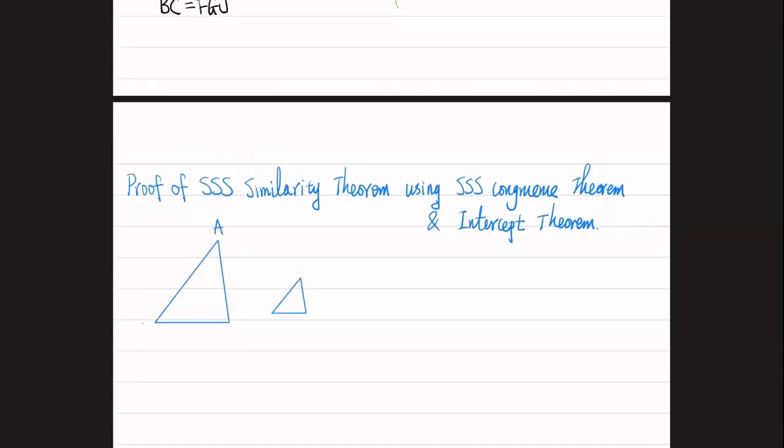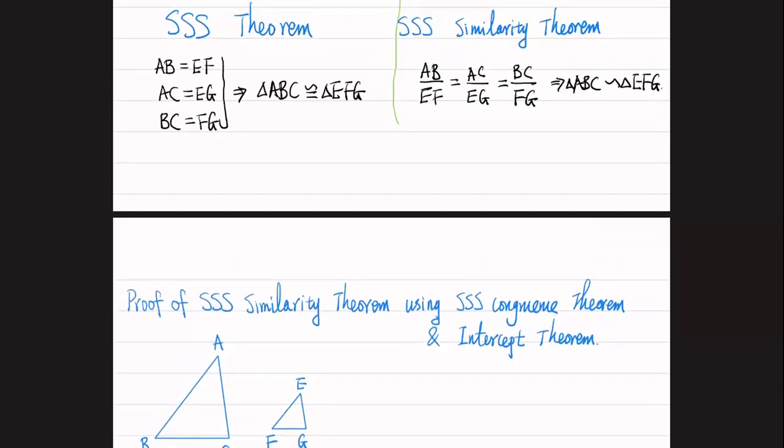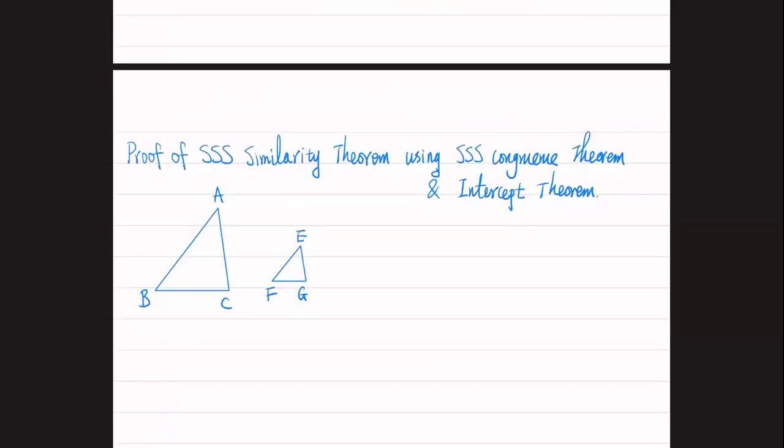A, B, C. And the assumption is, for the SSS similarity theorem, we assume the corresponding sides have the same ratio. That will be our assumption.